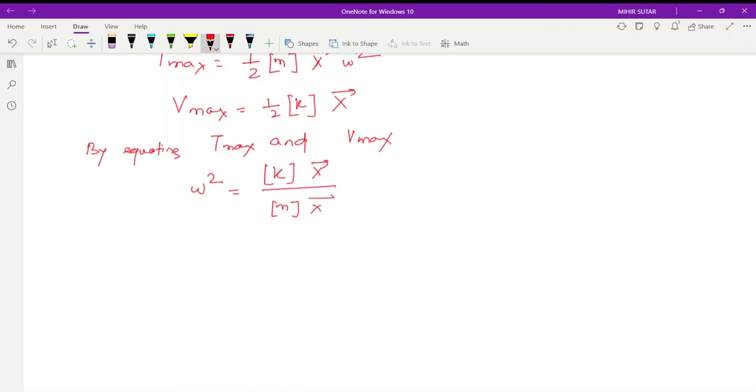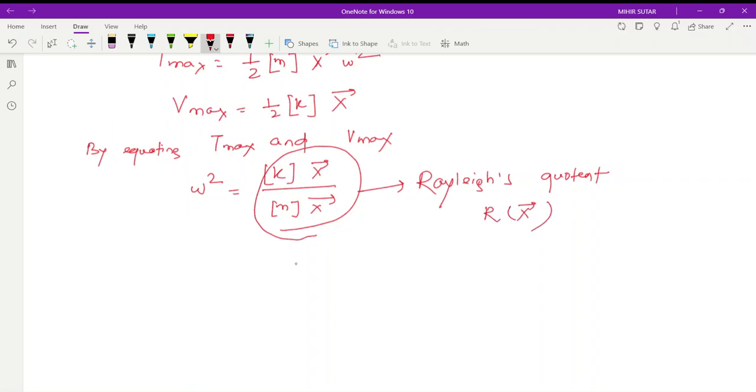Okay, so the right hand side of the equation is known as Rayleigh's quotient, and is denoted by R of x. Okay. So this is all about your Rayleigh's principle.